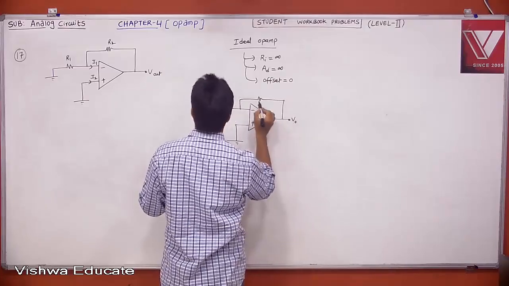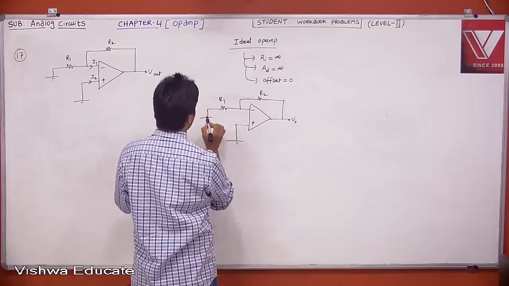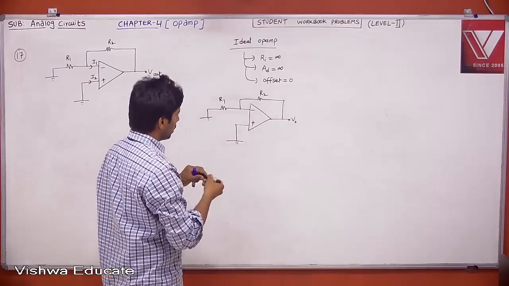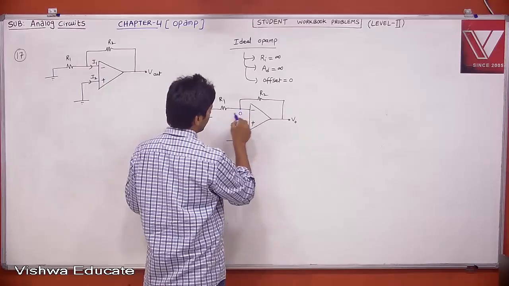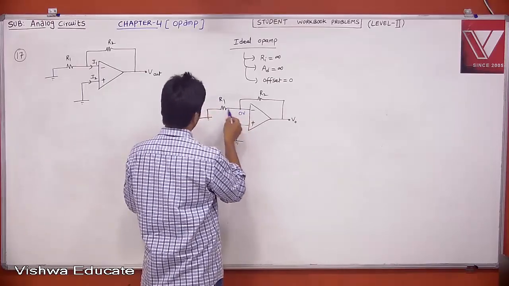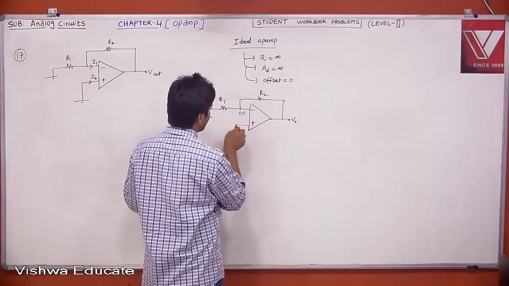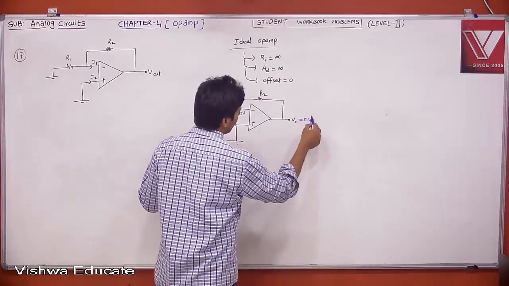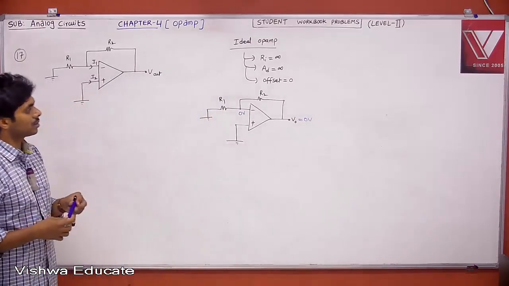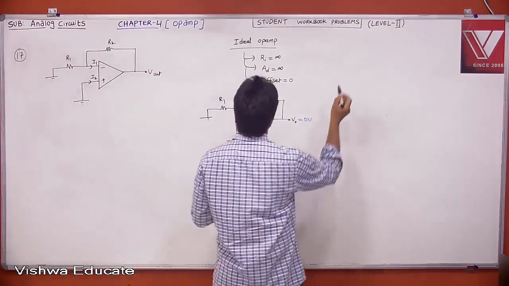This is your V0 and this is R2, this is R1, ground. If this is the case, what is your output? R is infinite. There is no current entering into the op-amp. This is 0 and this is also 0. There is no current from this, there is no current from this, then there is no current from this, therefore your V0 is equal to 0.